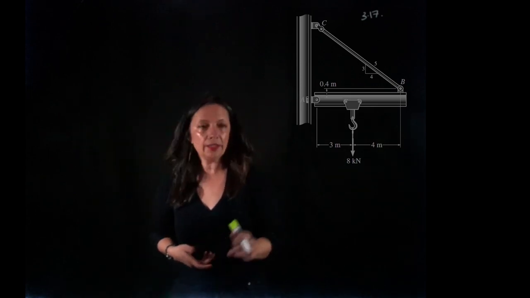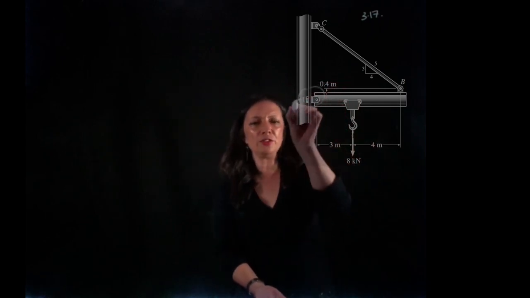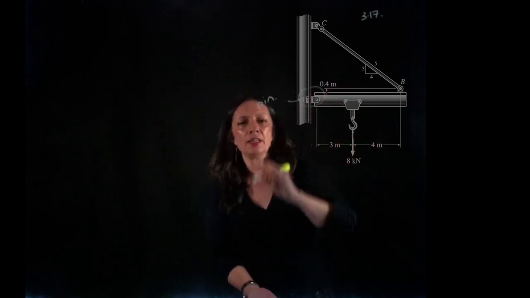So what do we have? At A, here, we have a pin joint. So what does that mean we're going to have?